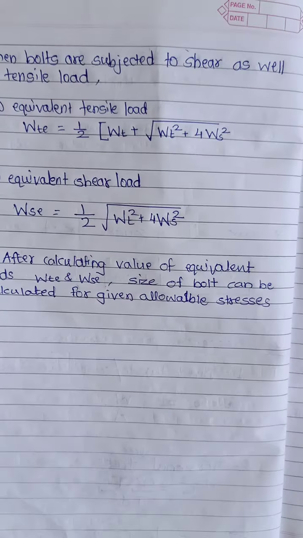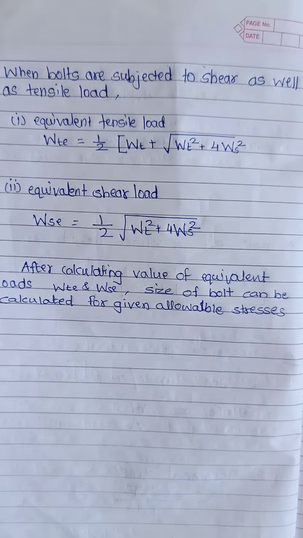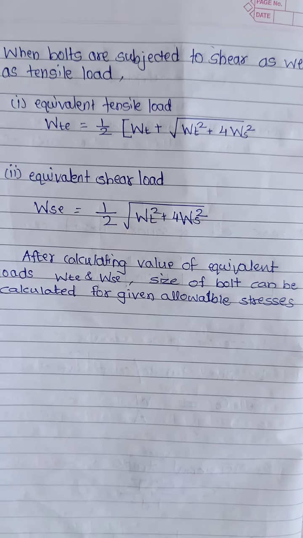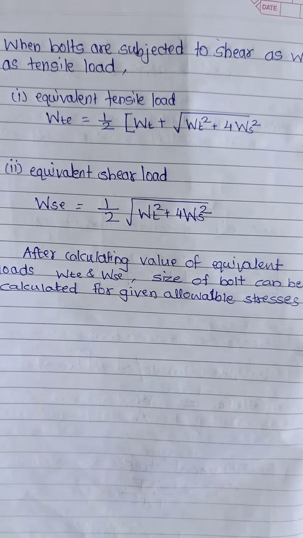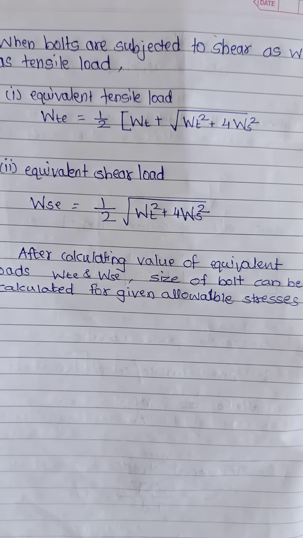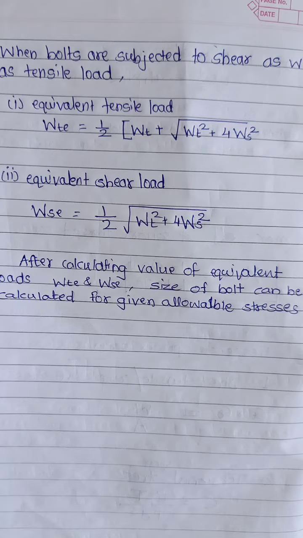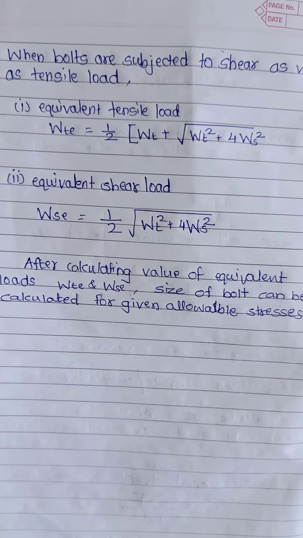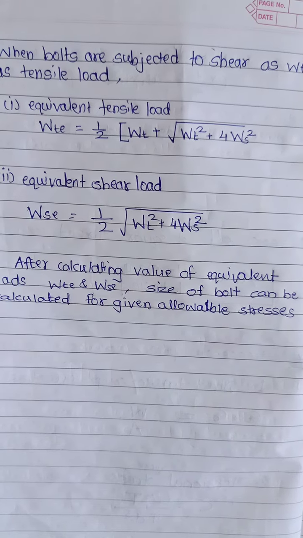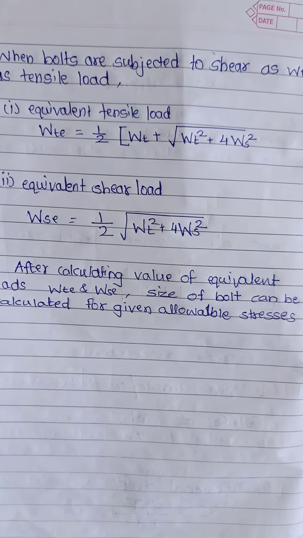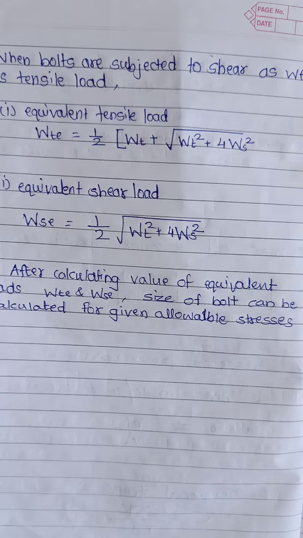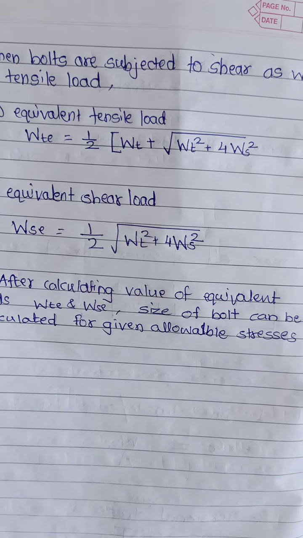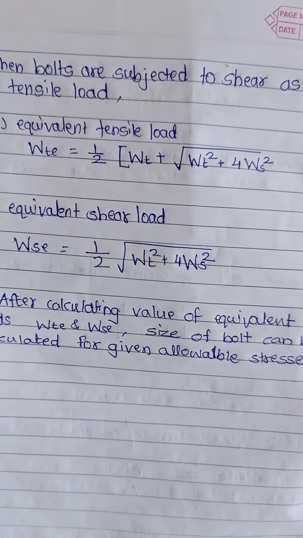now here we have a case where one is a shear force and the second is a tensile force. In the first case both forces were tensile forces, so we directly added them. But in this case we have one shear force and one tensile force, so we have to calculate the equivalent tensile load and equivalent shear load.